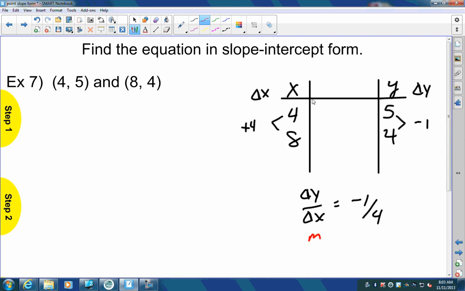So remember it's mx plus b. M is the slope, so I'm going to put negative 1/4. Then you multiply it by your x number. Negative 1/4 times 4. When you multiply these two numbers together, you get negative 1. What do you have to add or subtract to negative 1 to get 5?